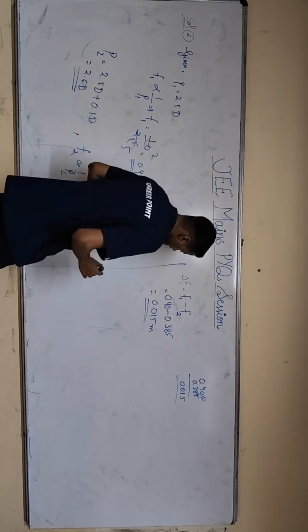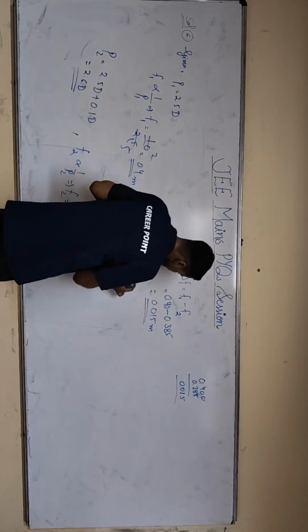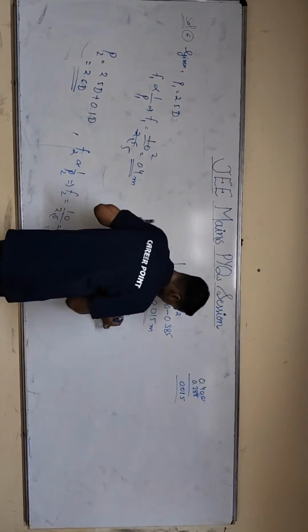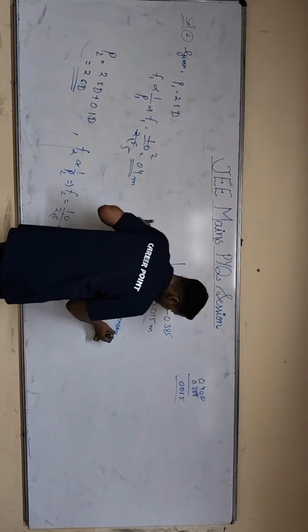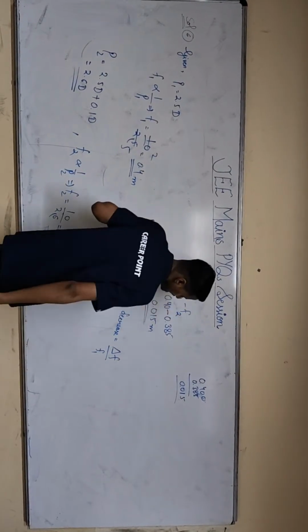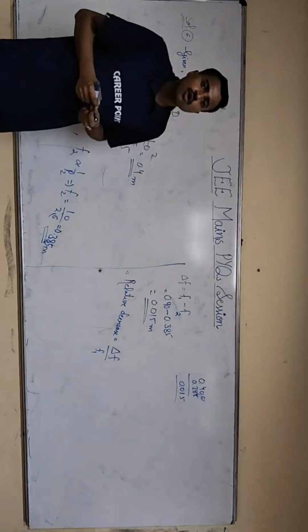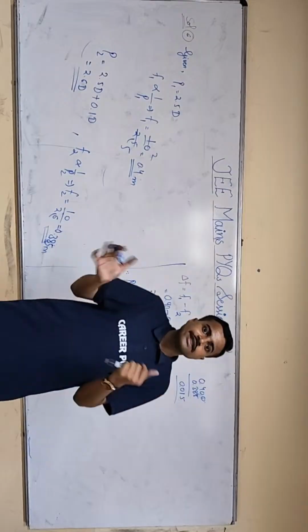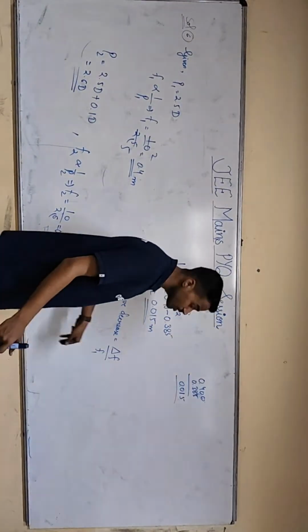This is delta F, and now we have to calculate the relative decrease. Whenever we have to calculate the relative decrease, it is nothing but delta F upon F1. It is the ratio of how much the focal length has changed with respect to its original focal length.